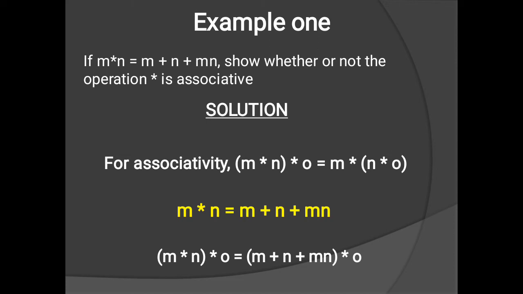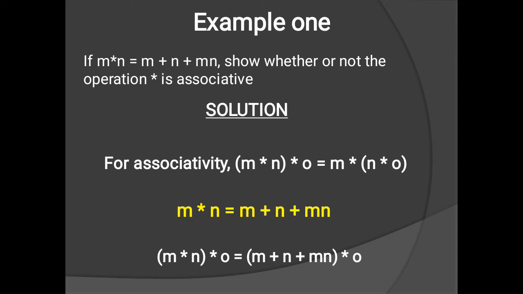So now we deal with what is in the parentheses first. Let's first put the operation o aside, and then we solve what is in the parentheses first, just like we looked at in the first video. You deal with what is in the parentheses first, then you are going to get one thing, then you apply it using the other one. All right, so (m operation n) operation o is equal to, so we deal with what is in the parentheses.